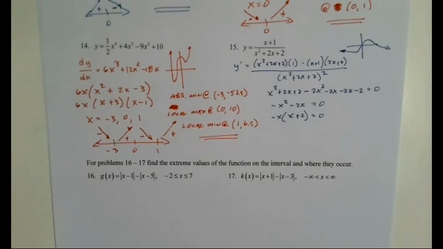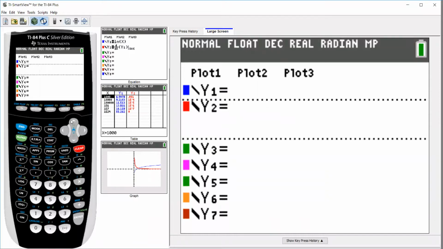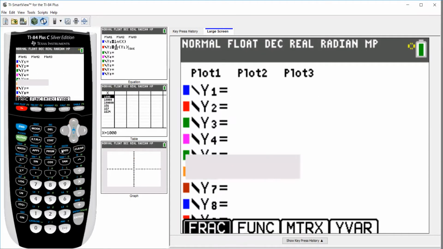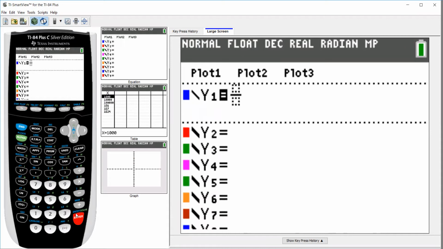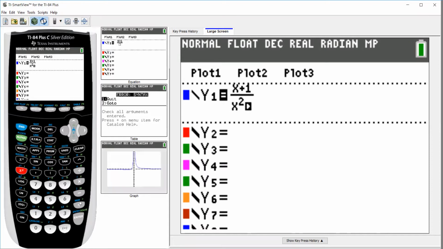So, share screen. Clear. y equals x plus 1 over x squared plus 2x plus 2.